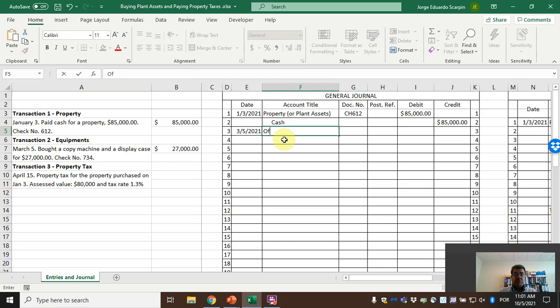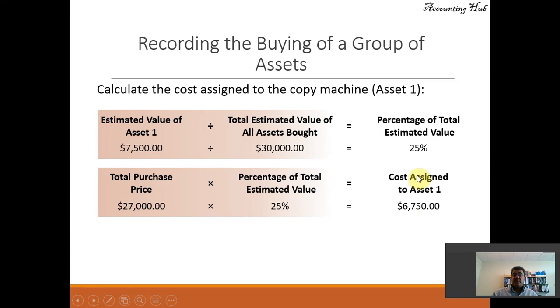Copy machine, let's call it office equipment. Check 734. A debit, 25% of this number, so this number times 25%, 6,750.